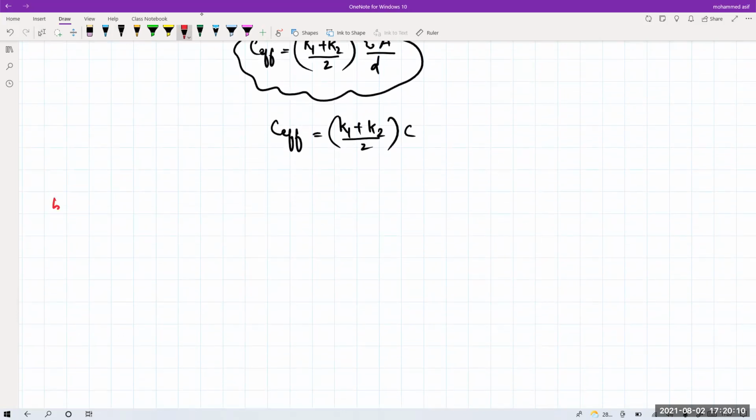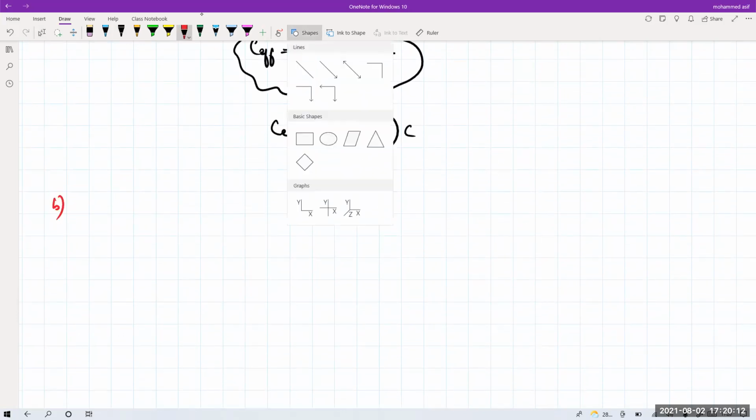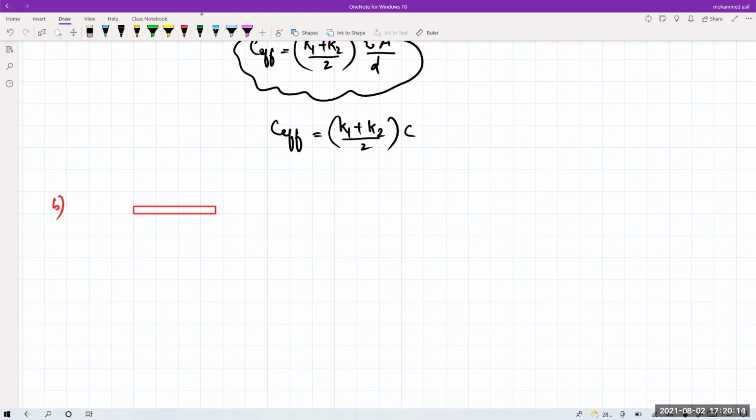I'll give you one more question. Try to do it, whether you can or not. This is one plate here, and here is one more plate like this.